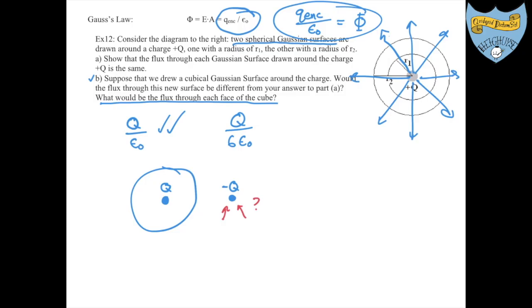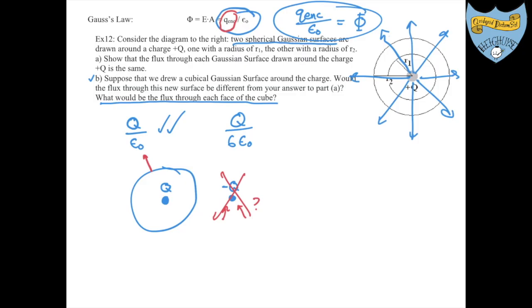Nobody cares. Gauss doesn't care. Gauss says, is it enclosed? Because that's what Q enclosed means. If it's not enclosed, nobody cares. So it's the same amount of flux because that minus Q isn't even inside of the Gaussian surface, so we don't care.